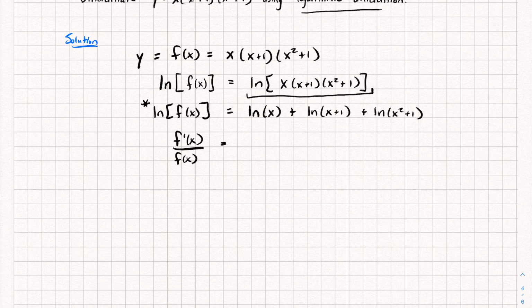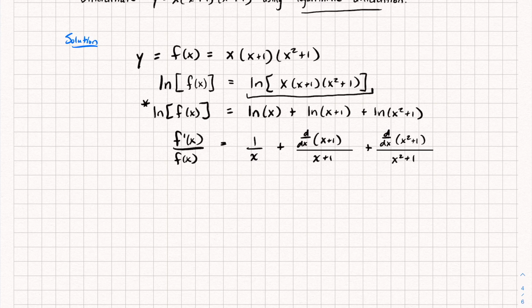Now this is going to be equal to the derivative of ln of x, which is 1 over x, plus, now here I'd have to incorporate the chain rule, which tells me to do the derivative of the inside divided by the inside, since we're deriving ln, plus, and then the same thing, derivative of x squared plus 1 divided by x squared plus 1.